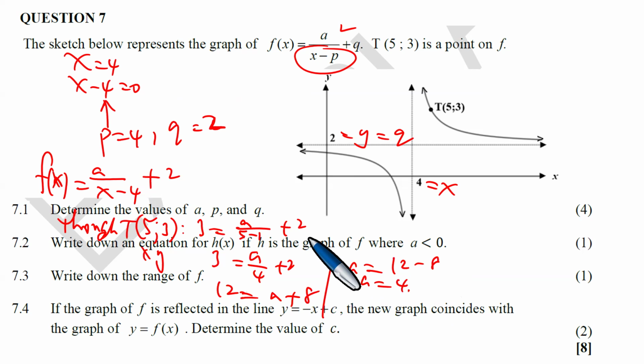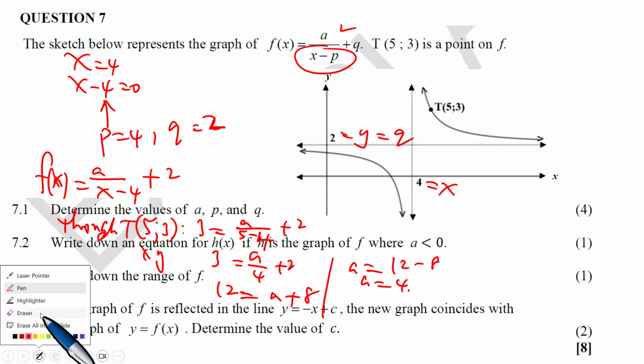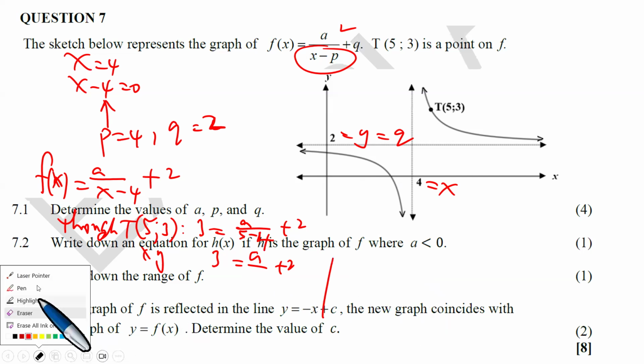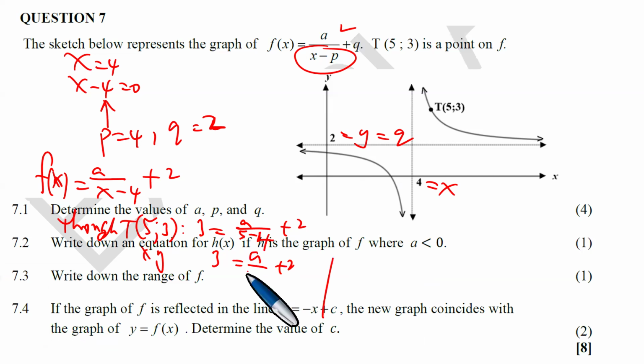Okay, let's see now. This is a 4. X minus 4, and you have x minus 4 there, so that here you have 5 minus 4, which is 1.